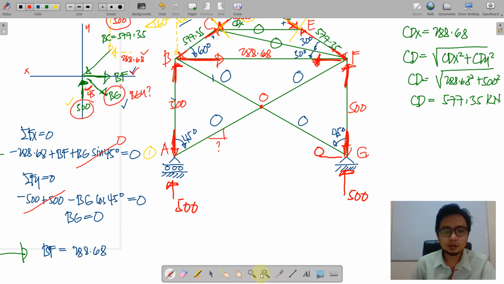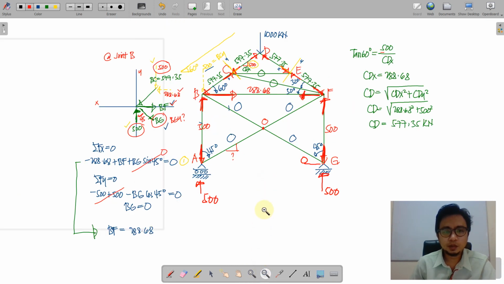Okay, so if we take a look at our analysis, there is no lateral force here to cause any lateral forces.